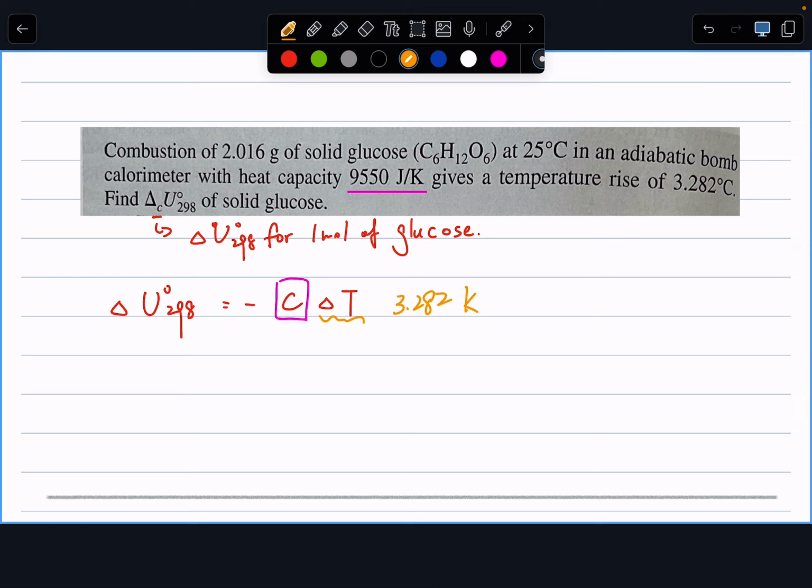So this is just simply plugging in the numbers, and you get delta U naught, and then you can translate that for 1 mole of glucose using the molecular weight of glucose.